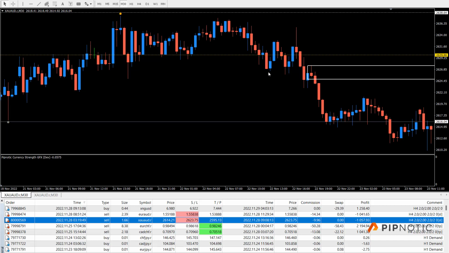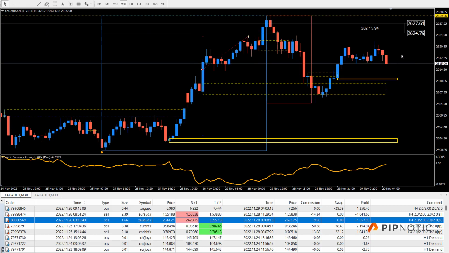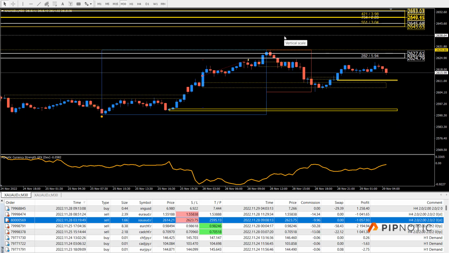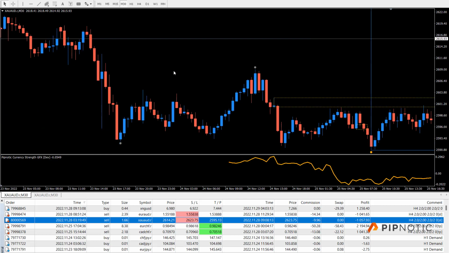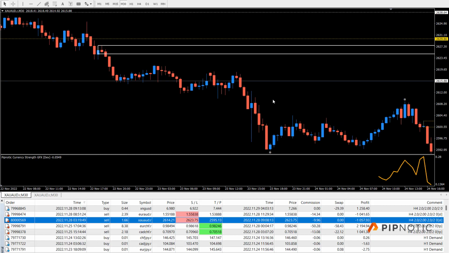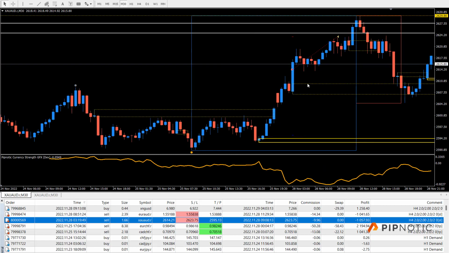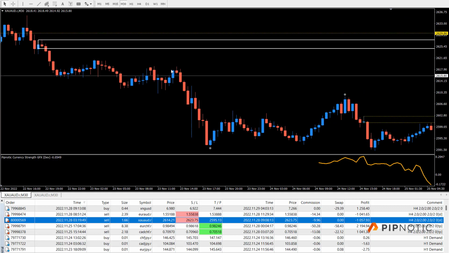And so you would have either got stopped out or had to put a really wide stop loss on this position, or you would have missed a trade because we were looking to go a little bit higher up here. Okay, this would have been the ideal place to get in, and we have the supply further higher here. Okay, so this is a difficult one. We got stopped out because we took the area that was just here.